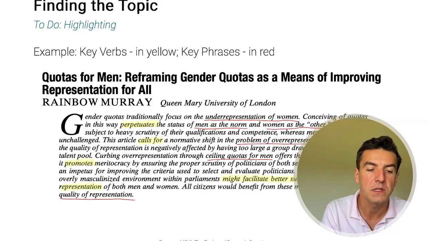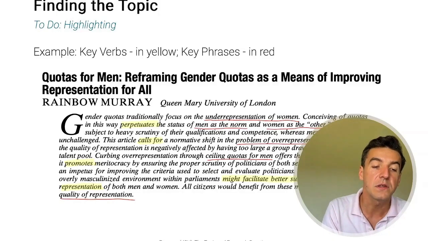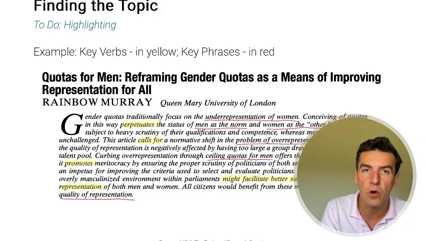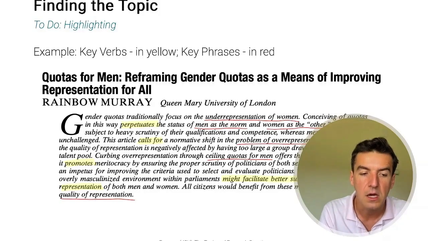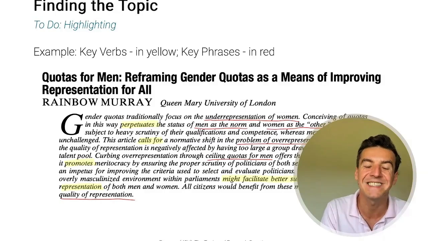Women are subject to heavy scrutiny of their qualifications and competence, whereas men's credentials go unchallenged. This article calls for a normative shift in the problem of overrepresentation, arguing that the quality of representation is negatively affected by having too large a group drawn from too narrow a talent pool.